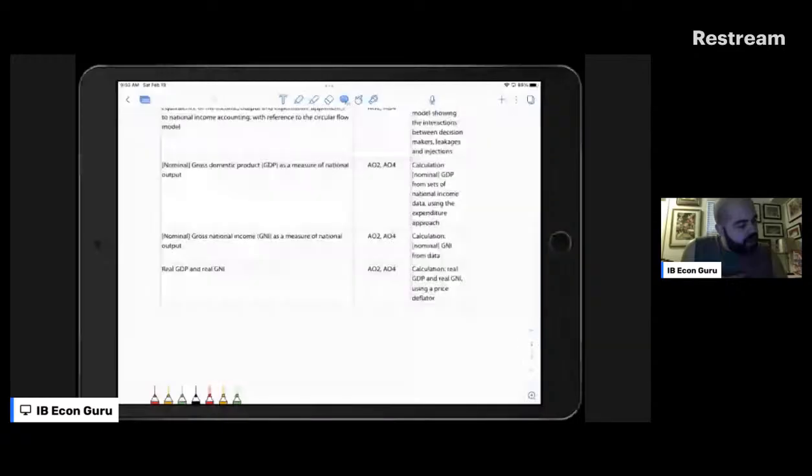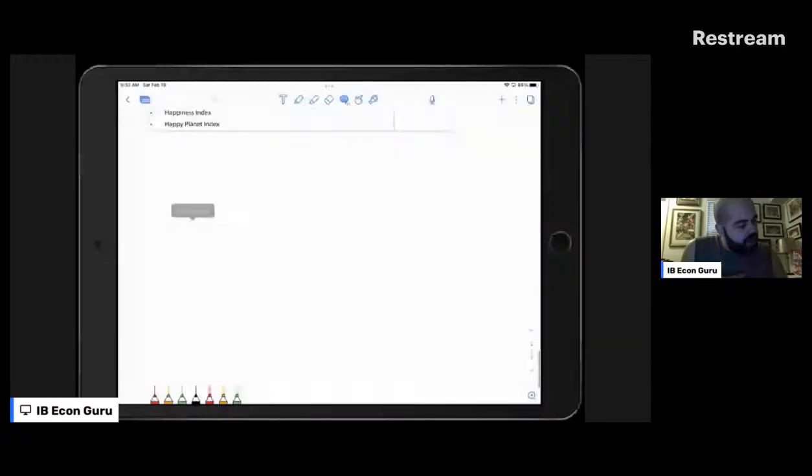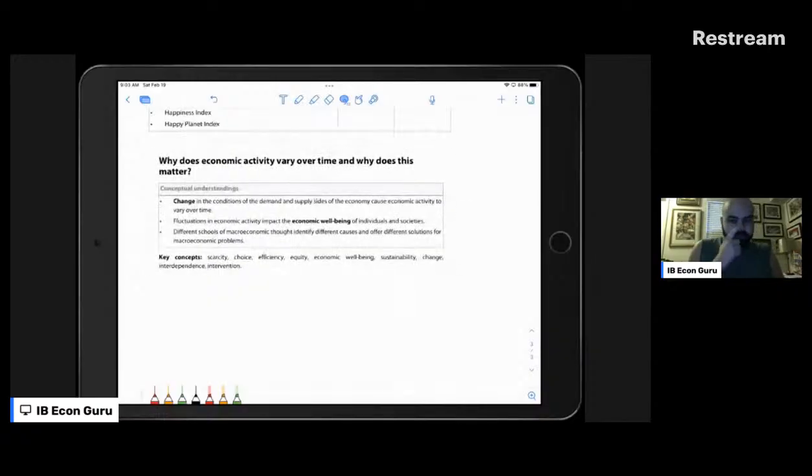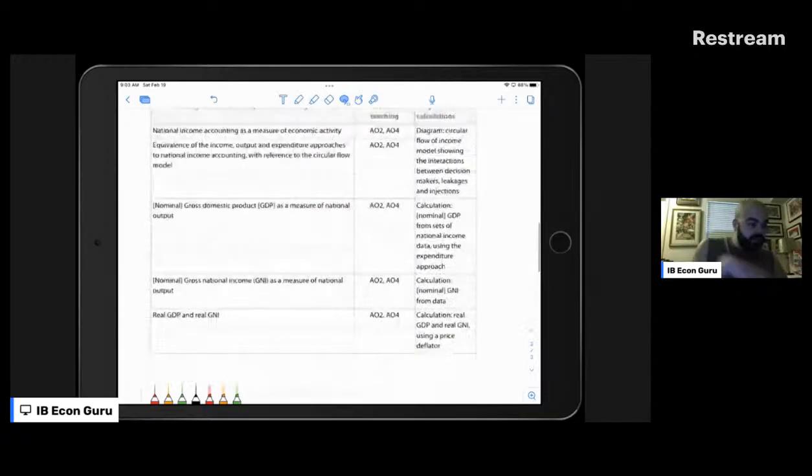In order to answer this, we need to ask: how do economists measure economic activity? How do economists know whether the economy is in a state of recession or in a state of inflation? There has to be a way by which economists measure economic activity. So this is what this part will be about.